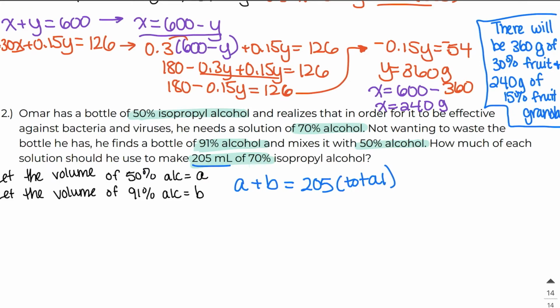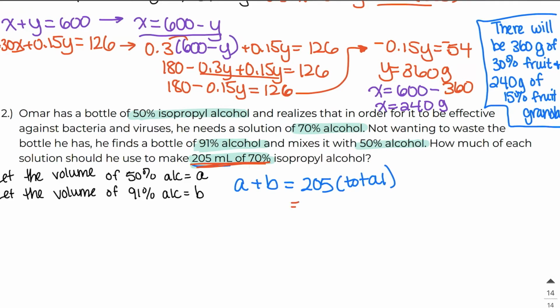But then, what this means again, 50% alcohol means that in the mixture that we have here, 50% is alcohol, the other 50% is water. 91% alcohol means that 91% of it is alcohol, 9% of it is water. So in a mixture of 205 milliliters, we want 70% of that 205 milliliters to be alcohol.